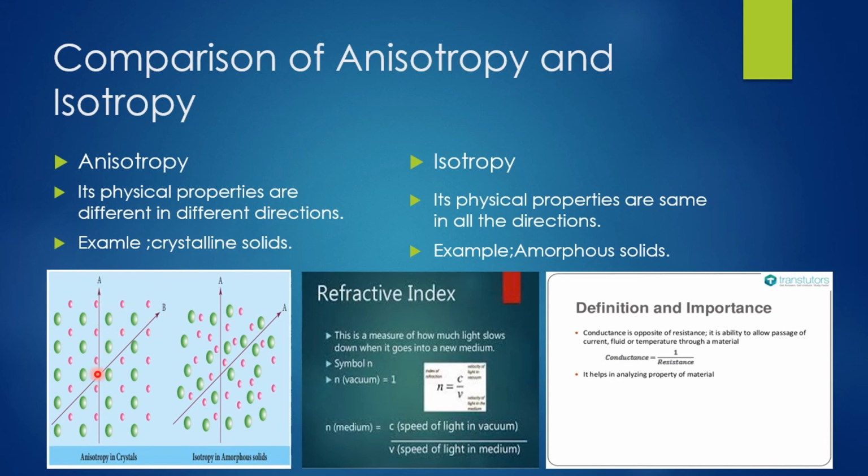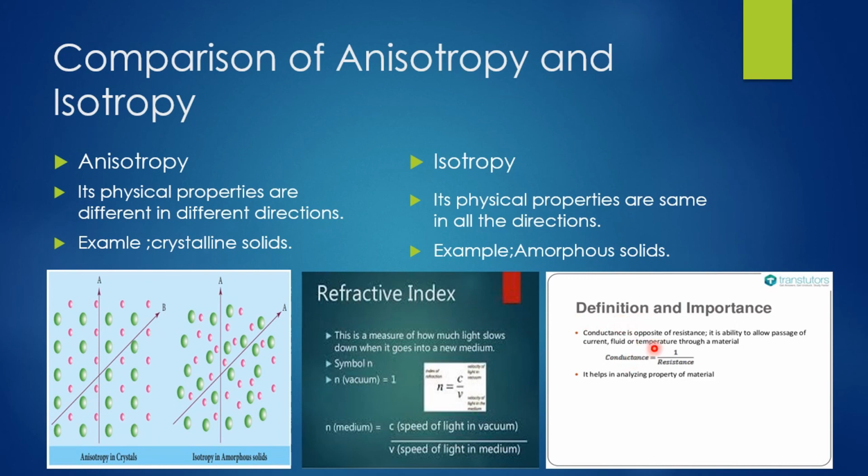Because along A you can find similar atoms, similar constituents are present, but along B different constituents are present. Isotropy means the physical properties are all the same in all directions. Example, amorphous solids.